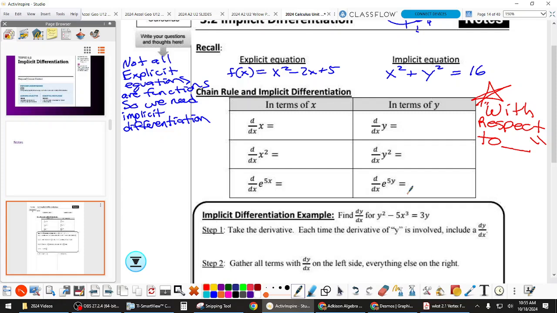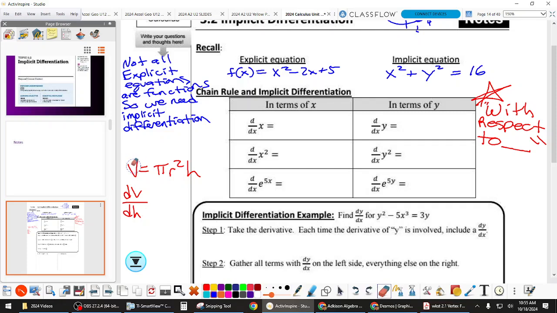If we were doing a volume formula, let's do the volume of a cylinder, pi r squared h. If we did dV, we could differentiate this function relative to the radius or to the height. So we would need to know whether we are differentiating relative to the height, because that changes how we do this implicit part.